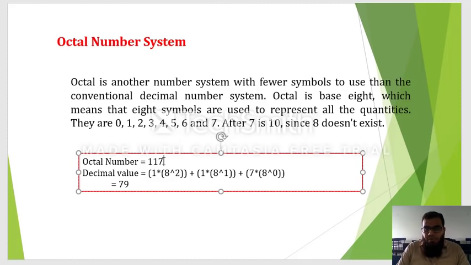So from the right hand side, we can say that this 7 is stored at 8 power 0th place, 1 is stored at 8 power 1 place, and again 1 is stored at 8 power 2 place. Okay, so we need to multiply these numbers with the base power exponent value. You will get the answer.